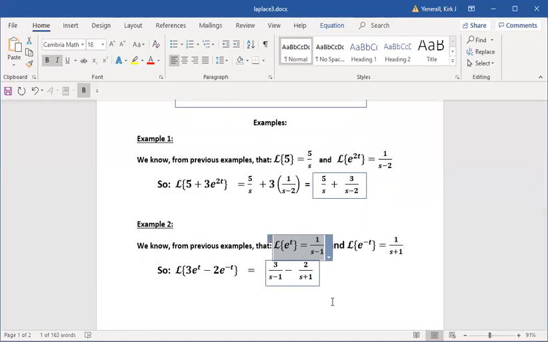And we know that the Laplace transform for e to the minus t will be 1 over s plus 1. So therefore, it follows from that that the Laplace transform of this difference will be 3 over s minus 1 minus 2 over s plus 1. That will have to be the result because of linearity.